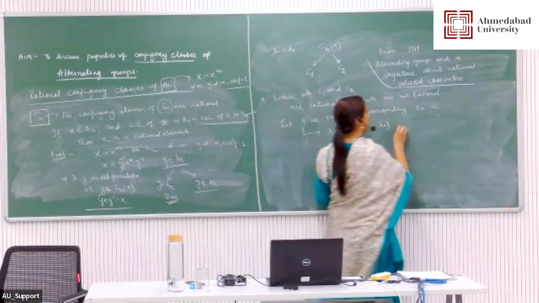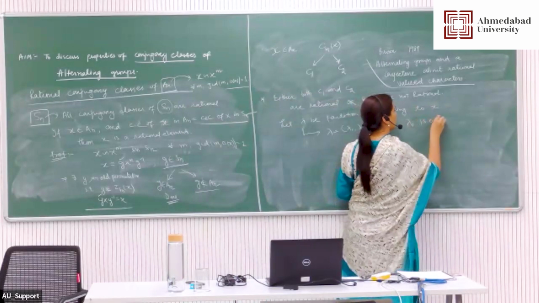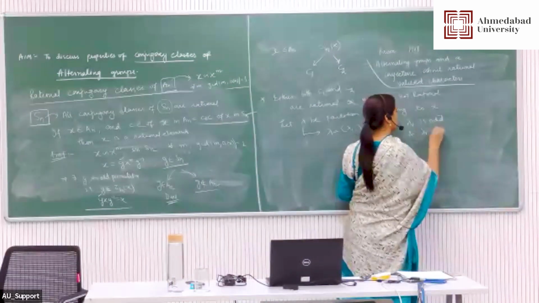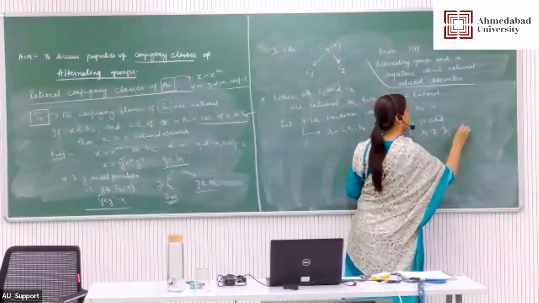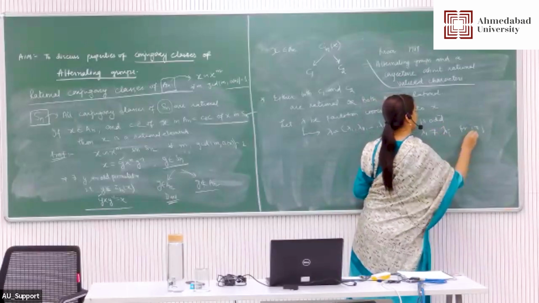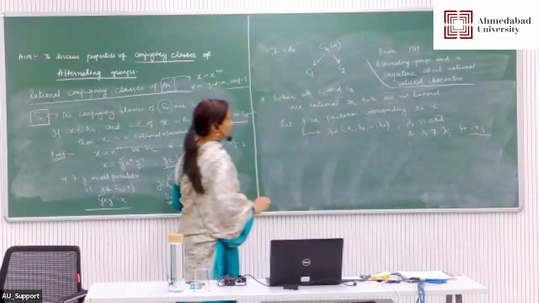So each lambda_i is odd and lambda_i is not the same as lambda_j for i not the same as j. So this is the partition corresponding to that.